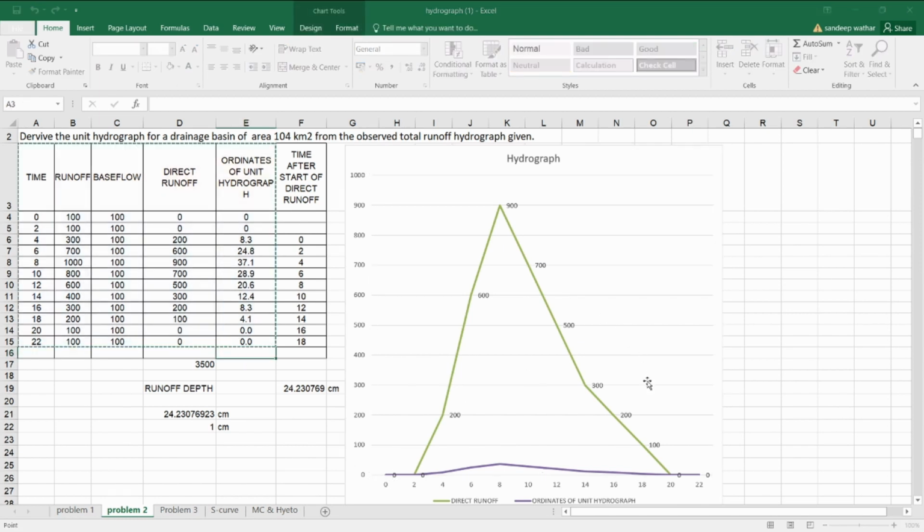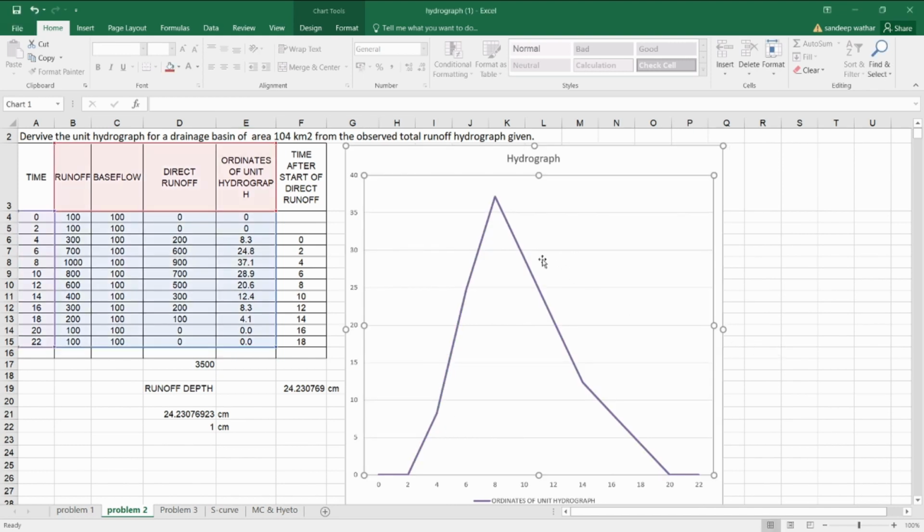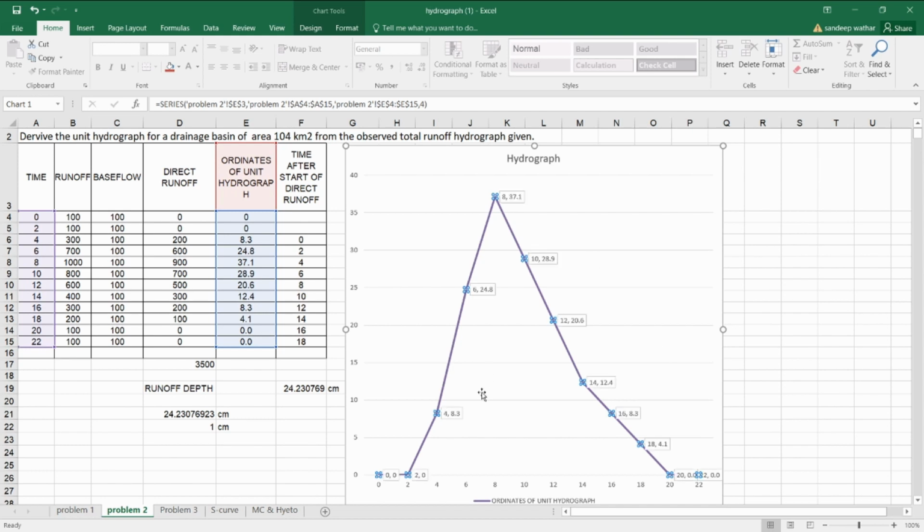See, at 2 hour it is 0, at 4 hour it is 8.3, and similarly at 6 hour it is 24.8. So these are ordinates which are developed only because of 1 centimeter of rainfall.